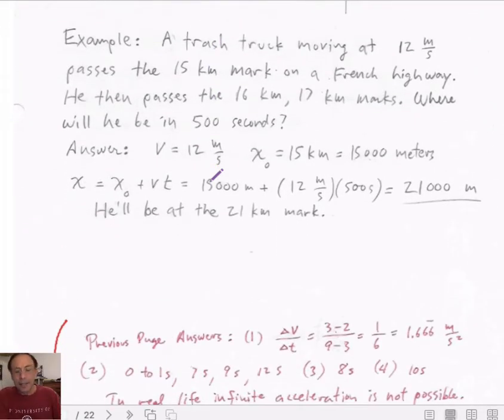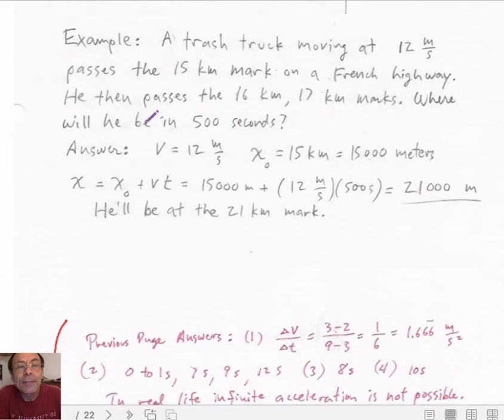I've got a trash truck moving at 12 meters per second, and it passes the 15-kilometer mark on a French highway. I picked a French highway because they have these nice concrete blocks every kilometer. Then the truck passes the 16-kilometer mark and then the 17-kilometer mark.